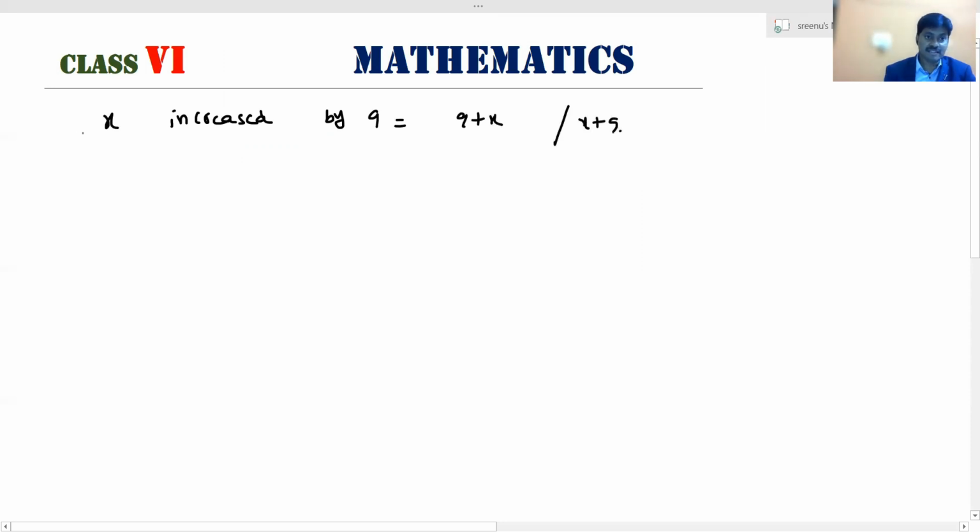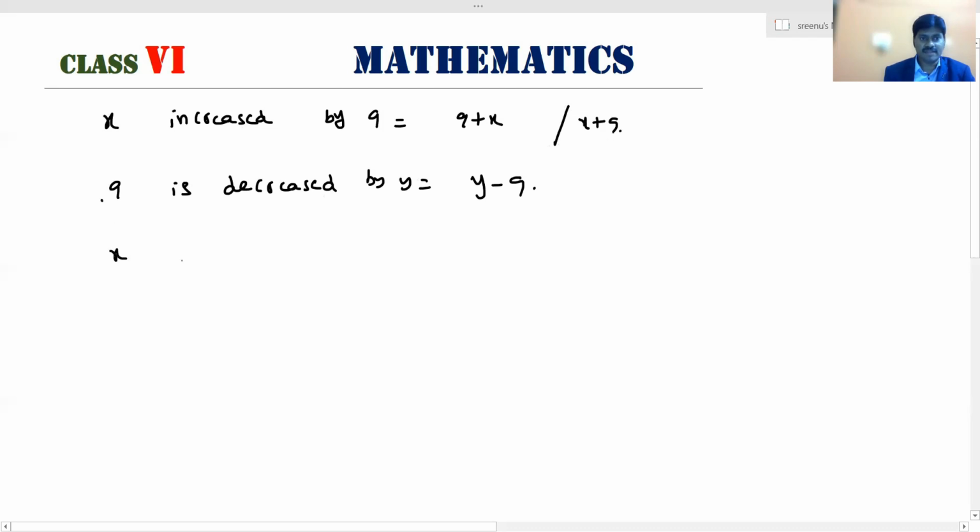And 9 decreased by y. Here, these are the sentences or statements we are writing as algebraic expressions. Okay, right? Mathematical statements. And 9 decreased by y. So we go with 9 decreased by y means 9 minus y.